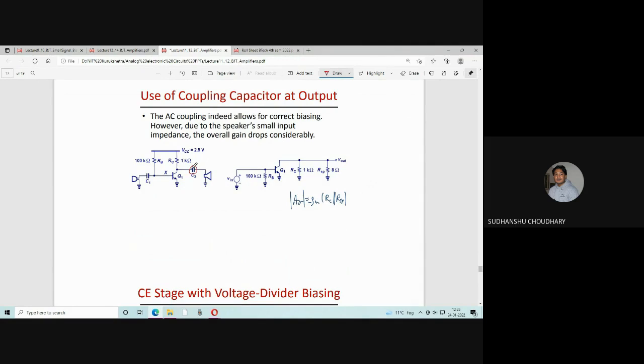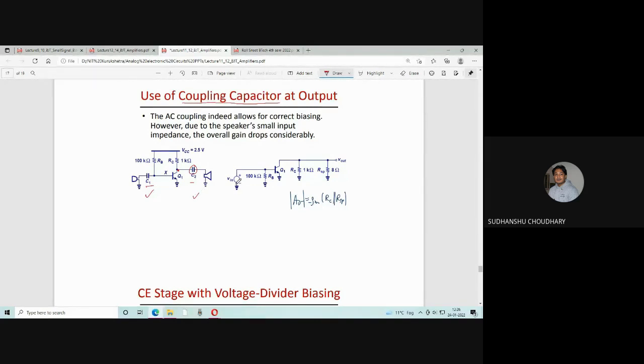Again, the job of this capacitor is the same. At high frequencies, it connects the collector to the load here. At low frequency, it does not connect. It is an open circuit. So these two capacitors are also called coupling capacitors. Input coupling and output coupling via the capacitor.